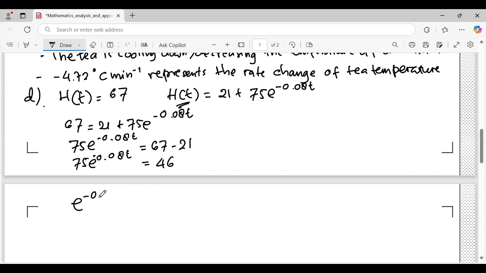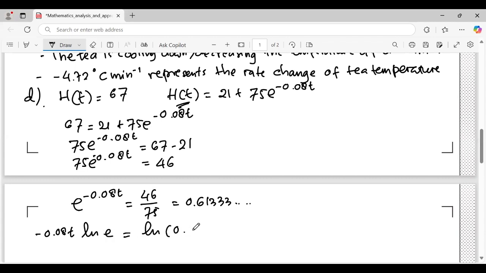So e power minus 0.08t equals 46 over 75, and it is 0.61333, and so on. And according to the ln rule, we can convert: minus 0.08t, ln e equals ln 0.61333.